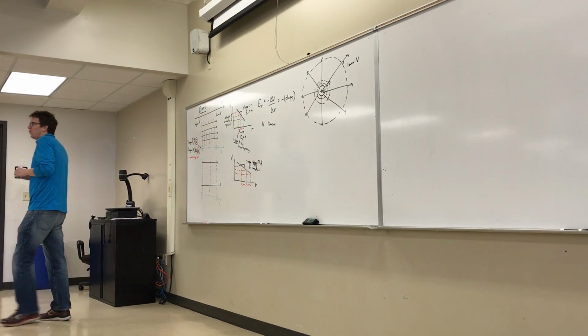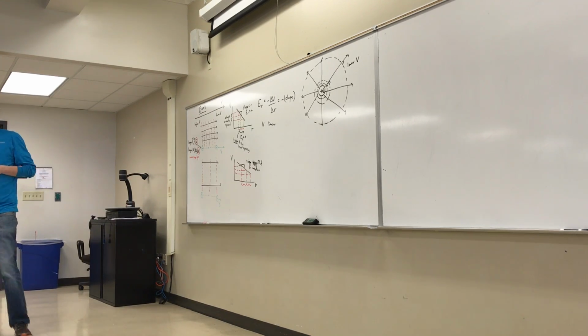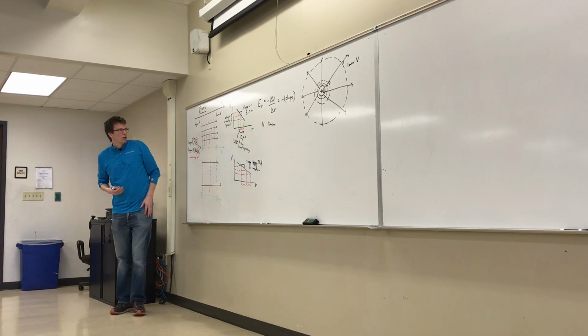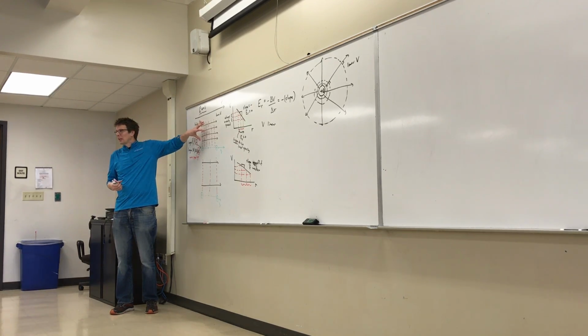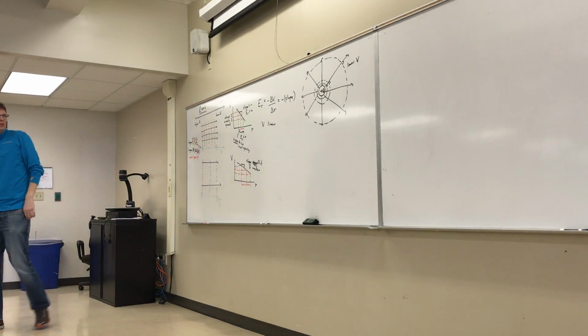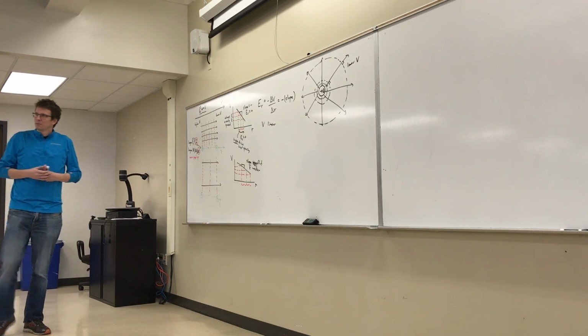The electric field will always make a 90-degree angle with the equipotentials, pointing the way towards lower voltage. But the difference is that since the electric field is weakening, the equipotentials are getting further apart. So closer by, we see something more like this, and further away, we see something more like this. Okay? Does that make sense?